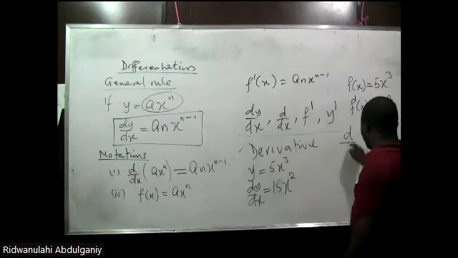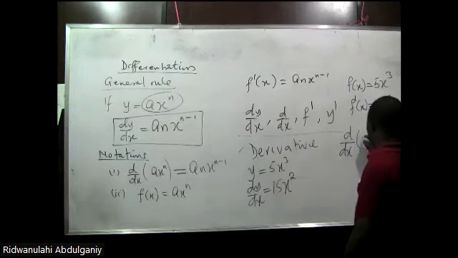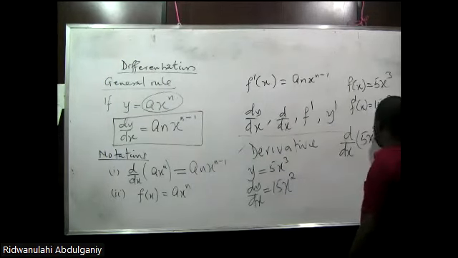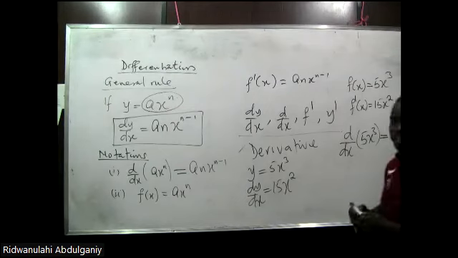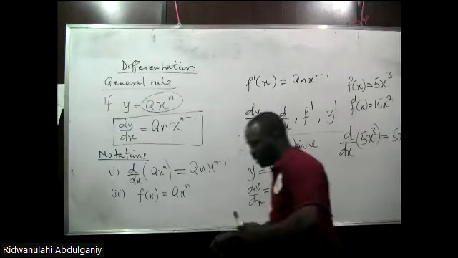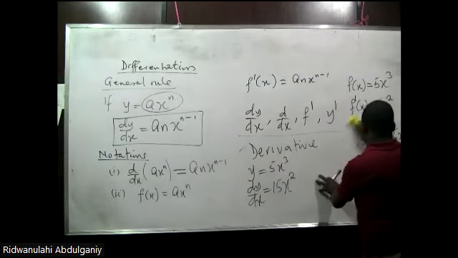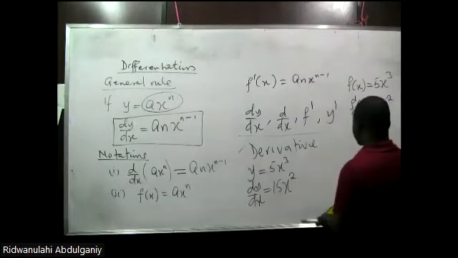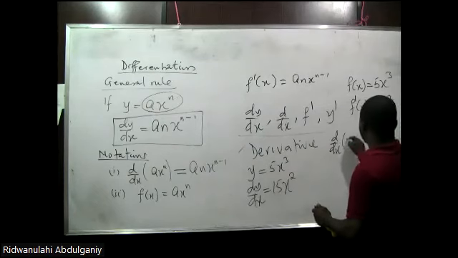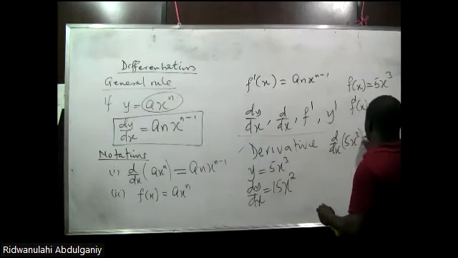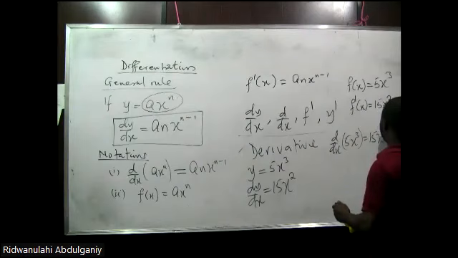The same question, I can write as d dx of 5x to the power 3. The answer will just be 15x squared. You see, I have not changed the question. I have not changed the answer. d dx of 5x cubed is 15x squared.